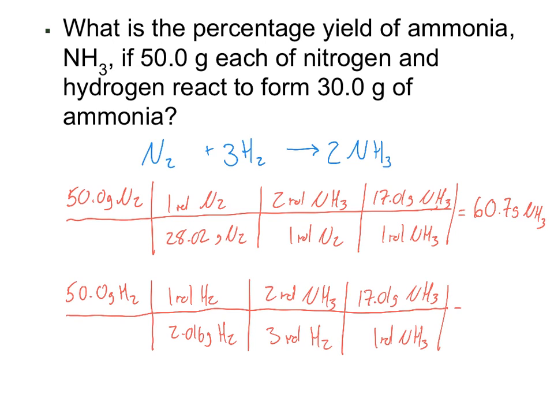And I find that based upon 50.0 grams of H2, I can form 281 grams of NH3. And so I know that the N2 is my limiting reactant because it forms the least amount, and that my total theoretical yield of NH3 is going to be 60.7 grams.